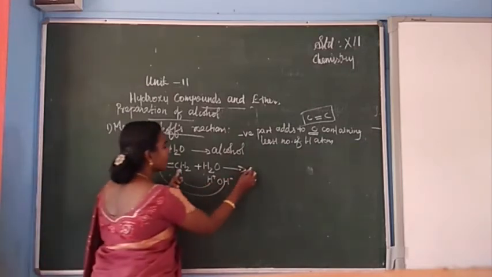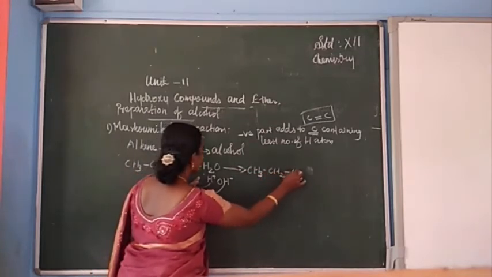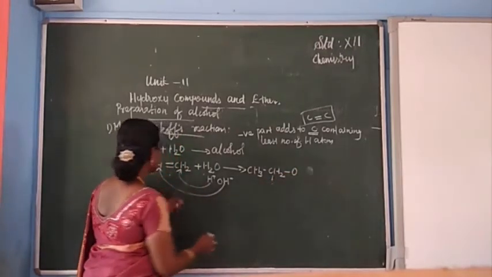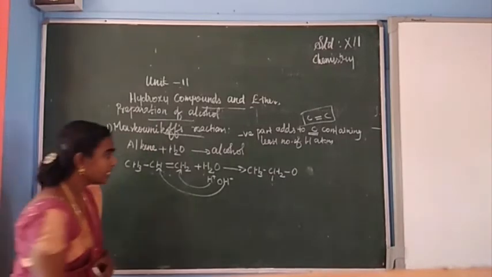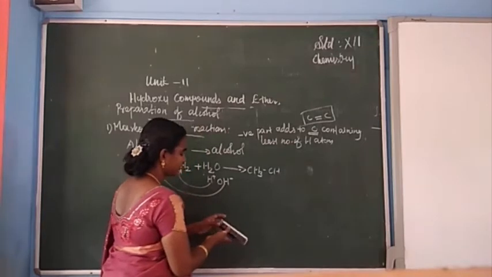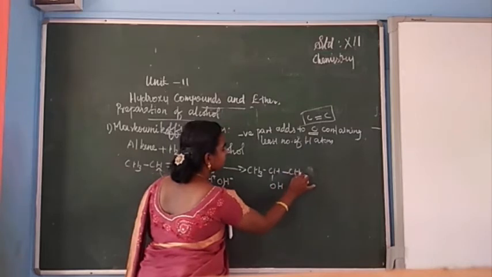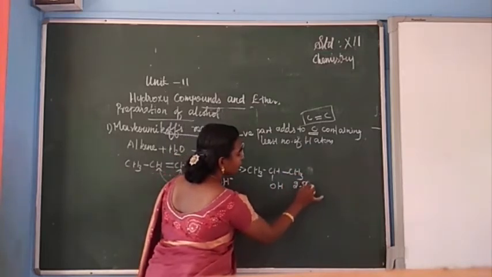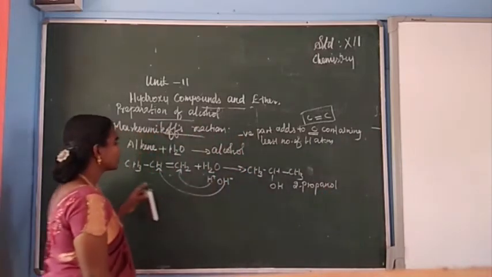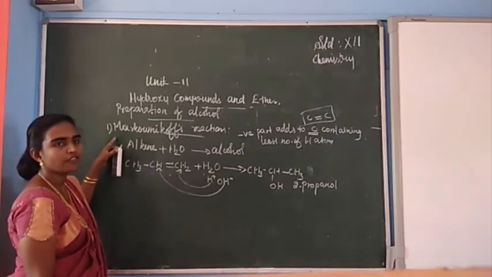So you are getting the compound CH3 CHOH CH3, 2-propanol. So this is the first method of preparation of alcohol, by Markovnikov reaction.